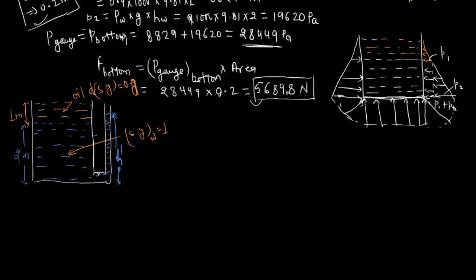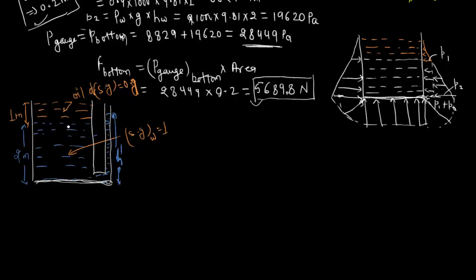So how can we calculate in this case? Obviously in the container there is oil and water, but in this tube there is only water. So according to our calculation, at the bottom the pressure intensity due to only the gauge pressure at the bottom of this container is 28449 Pascal, and as it's maintaining the same layer, the pressure intensity will remain the same.